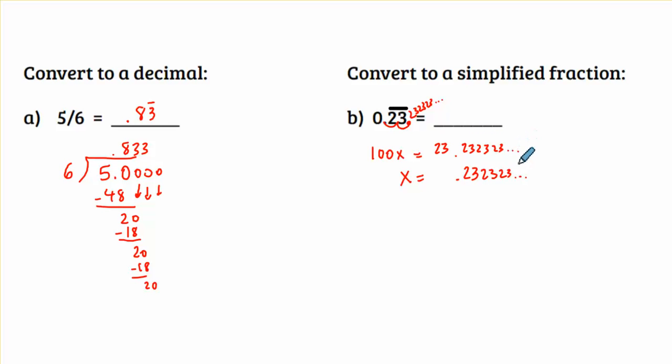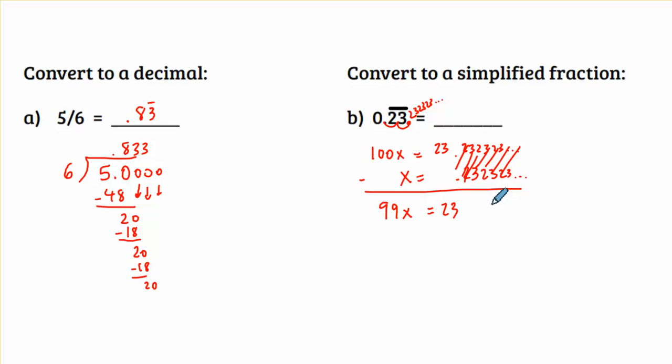Okay, at this point I subtract my equations. So 100x take away an x is 99x. When I come over here, all the stuff after the decimal goes away and I'm left with 23.